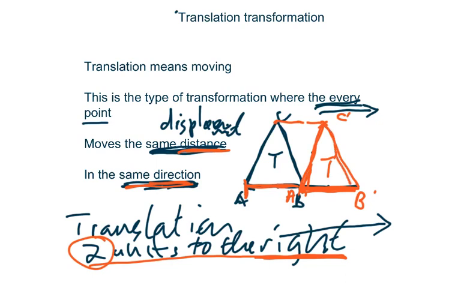Therefore, T prime is the image of T after translating it 2 units to the right. I hope that makes sense. So we have translated triangle T 2 units to the right, and that becomes its image.